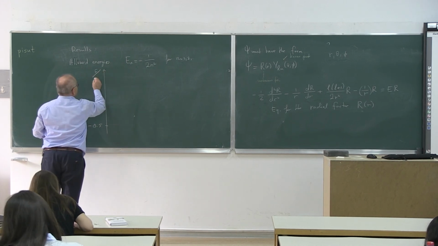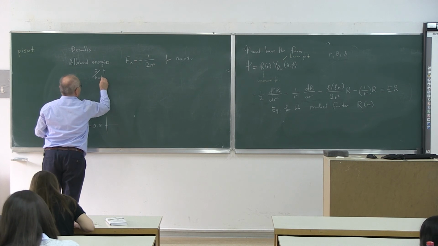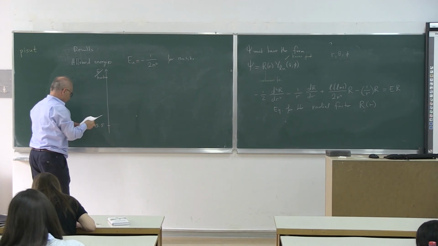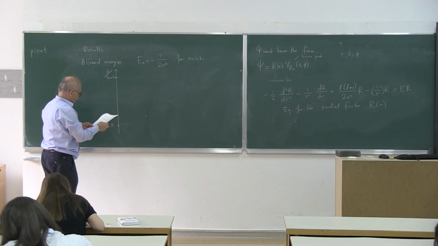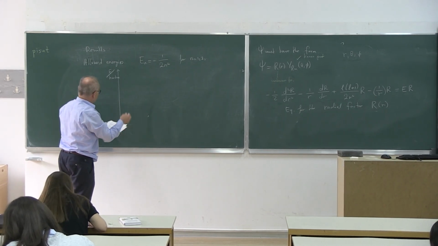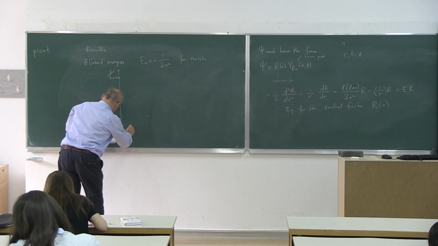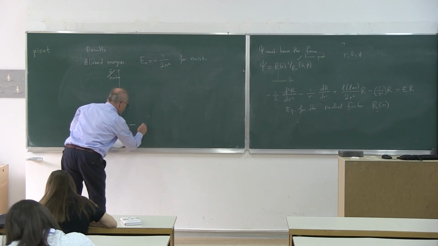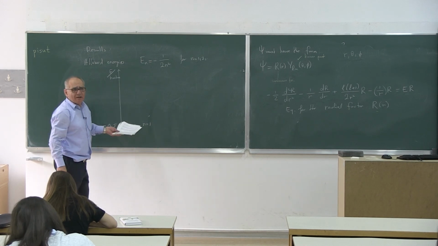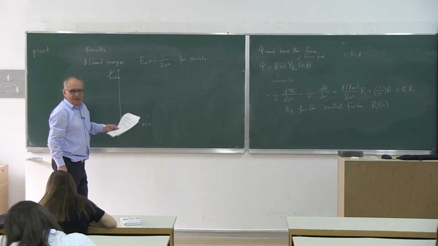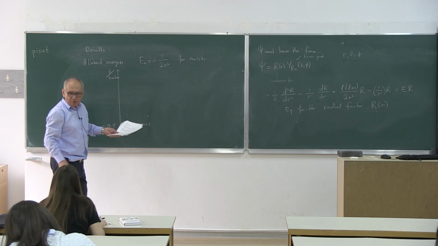This is energy in Hartree. So we can mark it. This is for n equals 1. Therefore, it is the ground state energy, lowest energy.